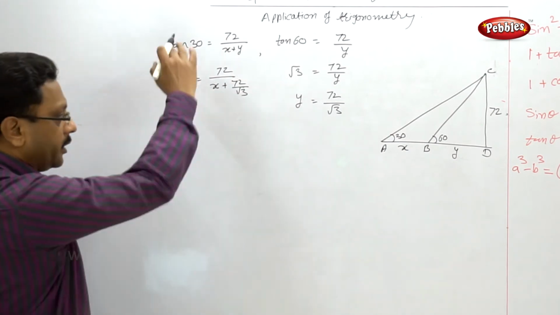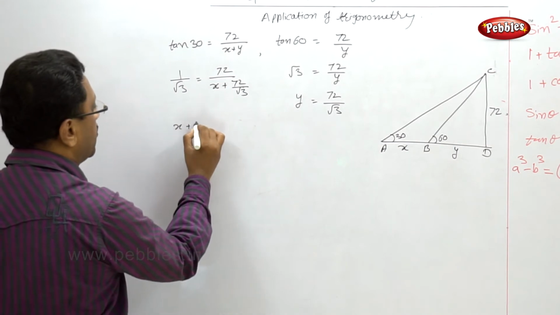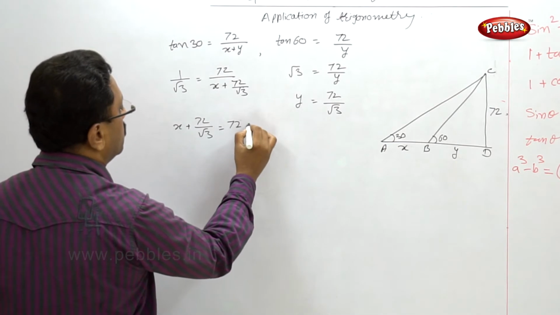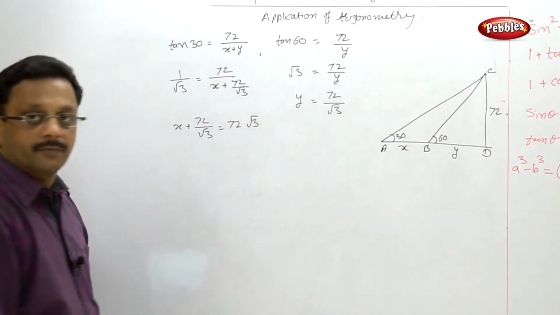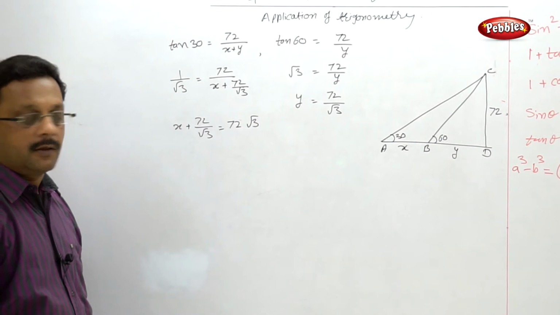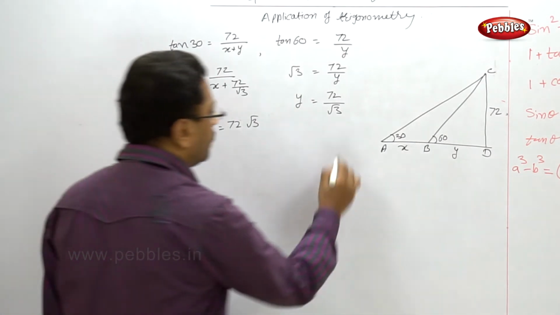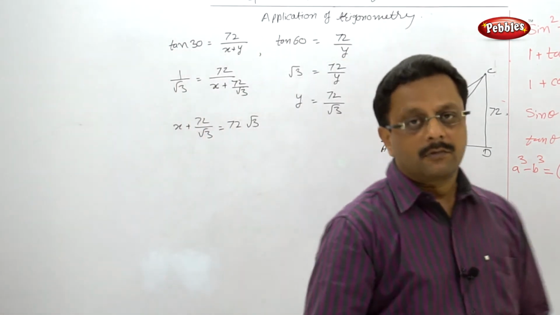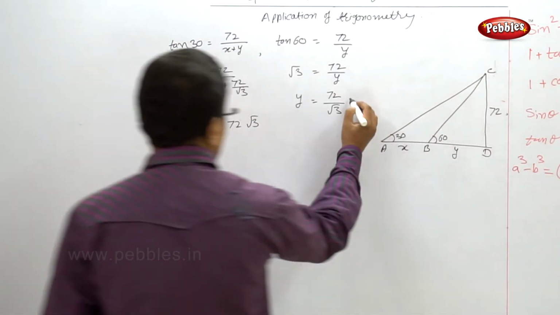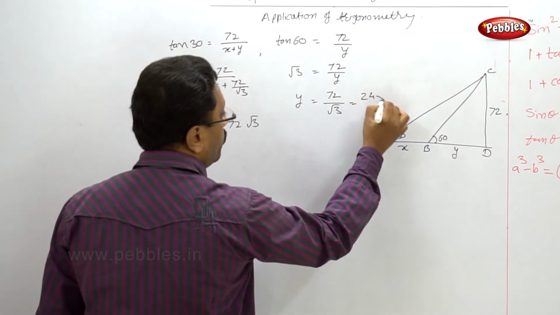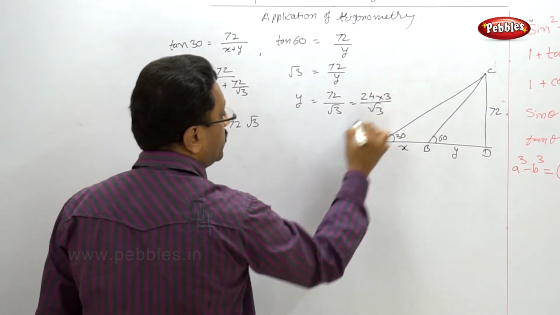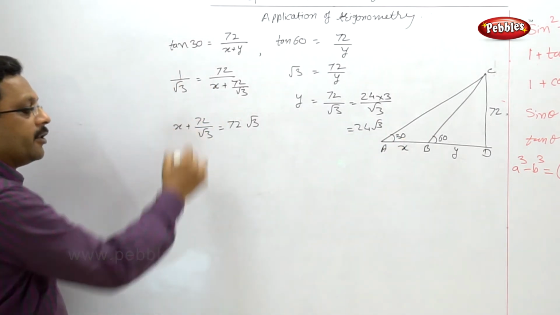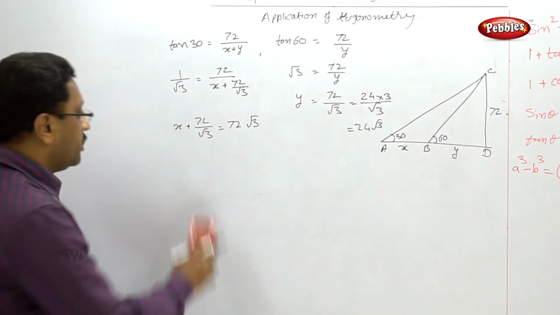Let us solve this further. So I got x plus 72 upon root 3 is equal to 72 root 3. Correct? So what is 72 root 3? 72 is 24 into 3. So here I will get 24 into 3 upon root 3. This is nothing but 24 root 3. So instead of this, can I write 24 root 3?